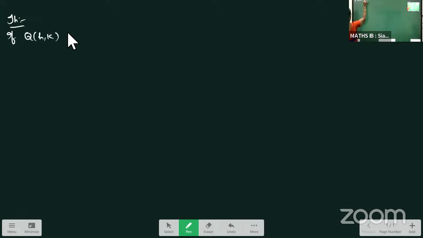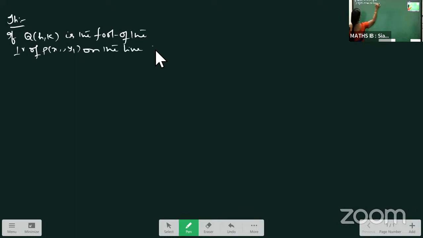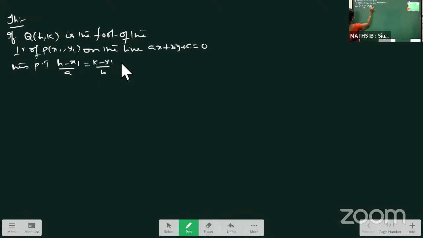If Q(h, k) is the foot of the perpendicular from P(x1, y1), this is the symbol for perpendicular, on the line ax + by + c = 0, then prove that (h - x1)/a = (k - y1)/b = -(ax1 + by1 + c)/(a² + b²).